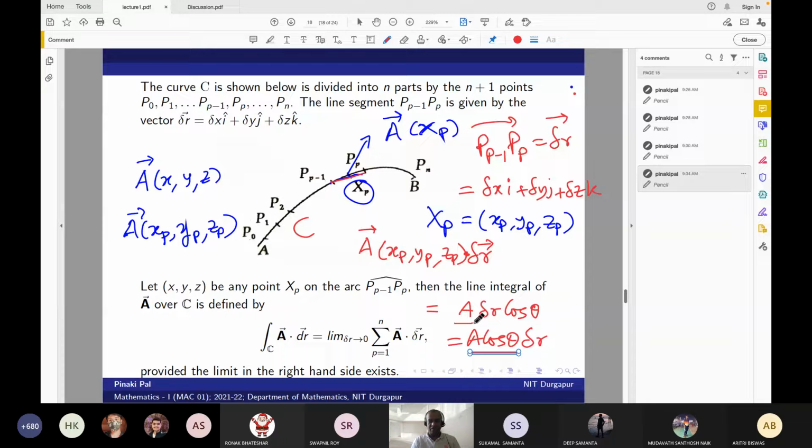Delta R is the length of the vector, A is the magnitude of this vector, and this angle is theta. A cos theta is the component of the vector A along delta R, and this delta R is the length of the subinterval.